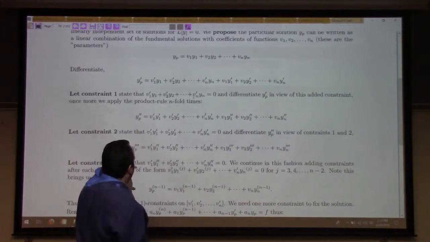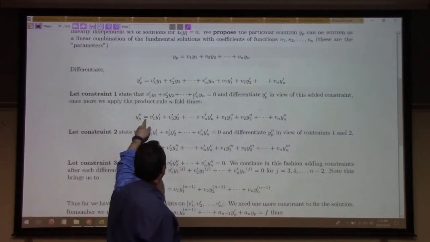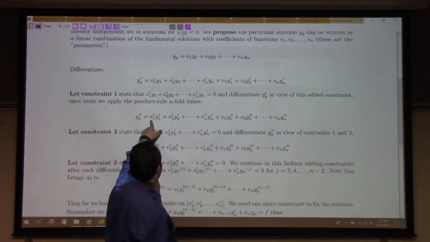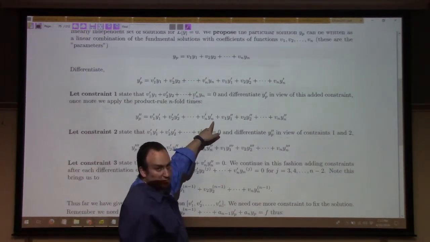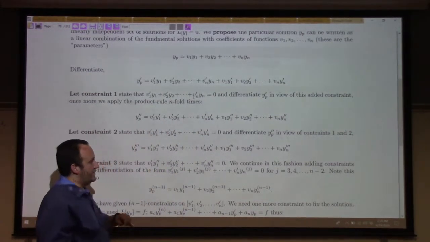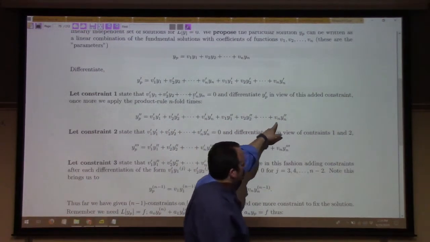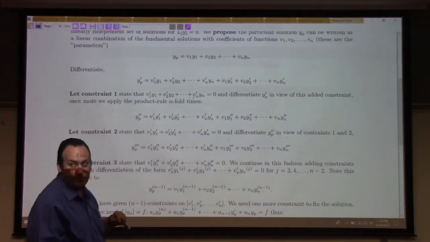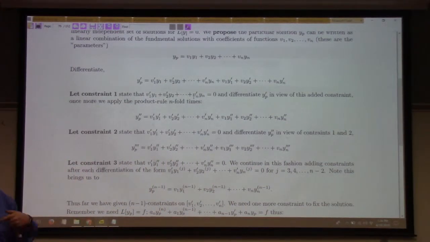And in order to keep myself from getting higher order derivatives in the parameters, I set these to 0. And that just leaves me these ones for y_p double prime. And then I differentiate again, and I keep setting the terms with derivatives in the parameters to 0.